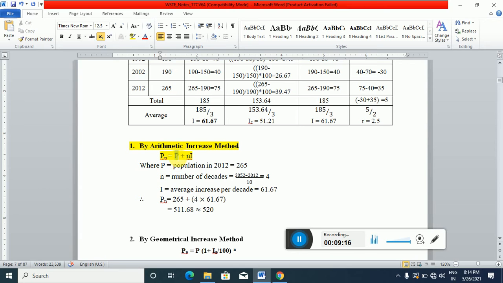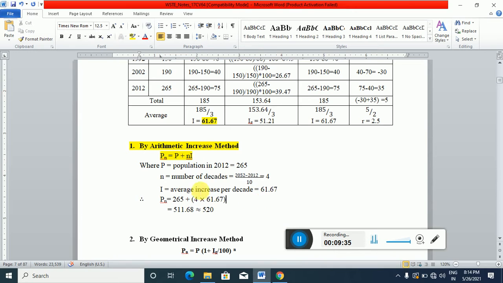P is the population of the last decade, the previous decade, which is known to us, and I is the average incremental increase per decade. For per decade we have averaged this value and found it to be 61.67.